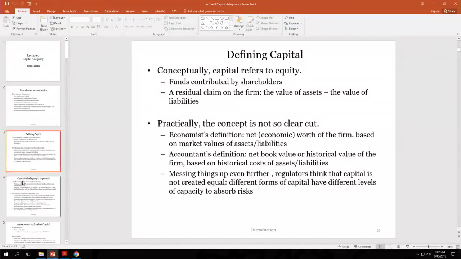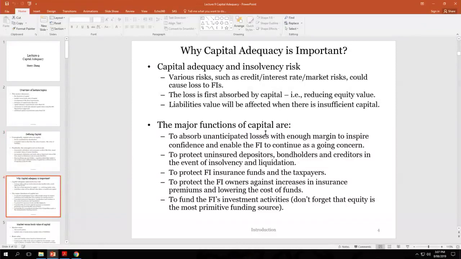The first thing we talked about is the main functions of capital, which is the reason why we impose strict capital adequacy requirements on banks. Capital has an important function to help banks absorb losses, so it prevents them from going bankrupt before huge, unexpected losses are realized.